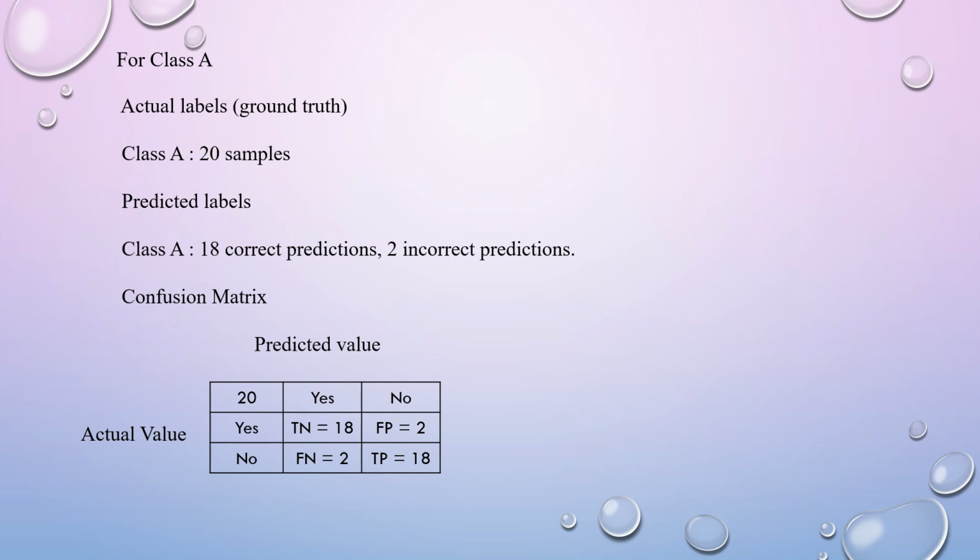So here first we draw the confusion matrix for all classes, for class A, class B and class C.